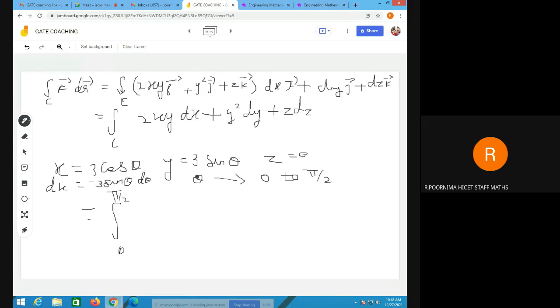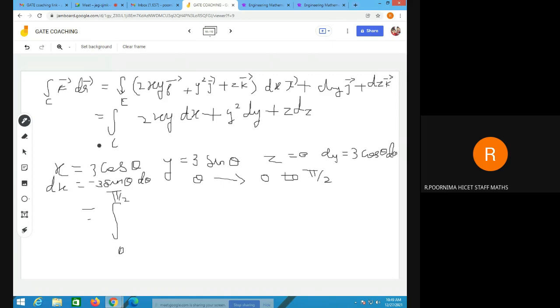Similarly dy is 3 cos theta d theta. dz is 0. So I am writing dy here: dy equals 3 cos theta, because the differentiation of sin theta is cos theta, into d theta.